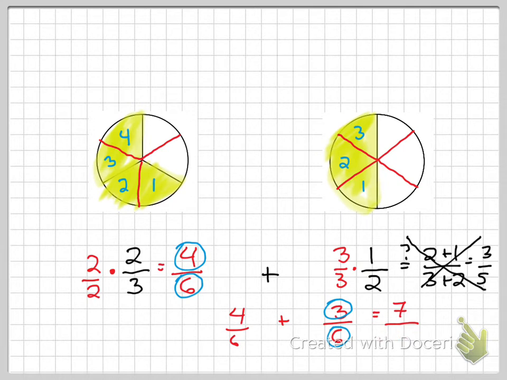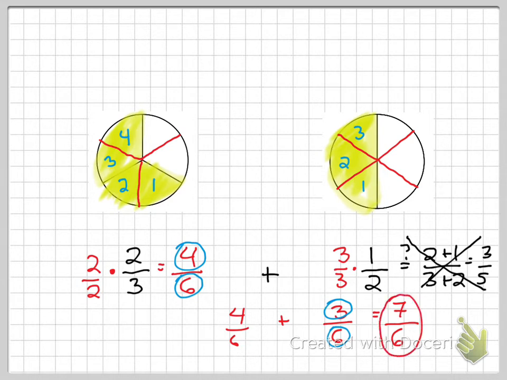Again, the bottom number, the denominator, is just telling us how many pieces our pie is cut into. They're both still cut into 6 slices, so we just leave 6 on the bottom. So again, if we have 4 slices on one pie, 3 slices on the other, then we have a total of 7 slices, right? And each slice still represents 1/6 of the total.